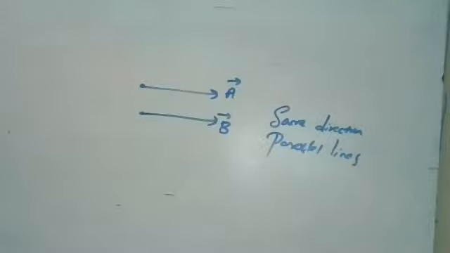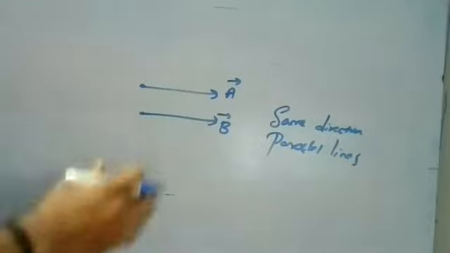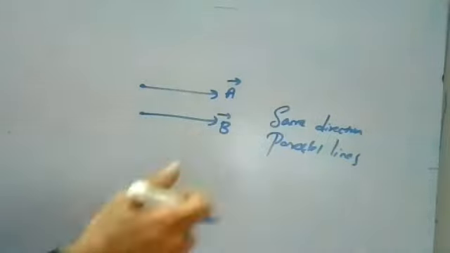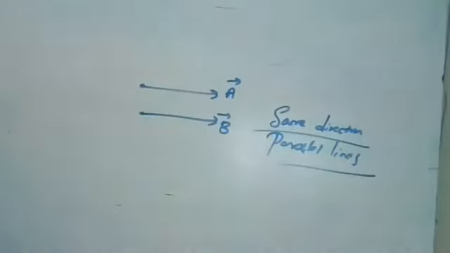These are nothing but collinear vectors. So collinear vectors can be equal or unequal, in the same direction, or along parallel lines. These are your collinear vectors.